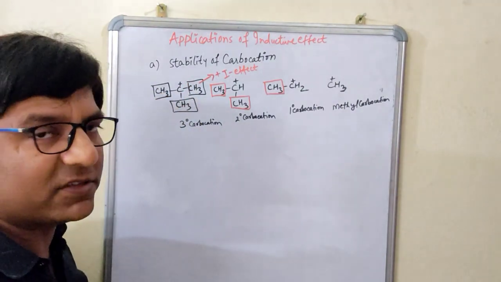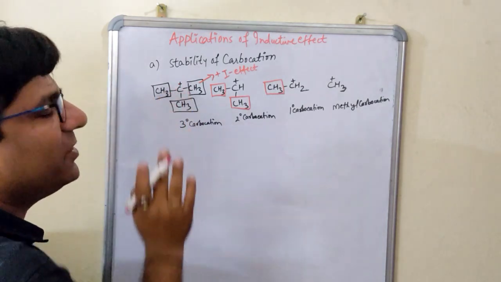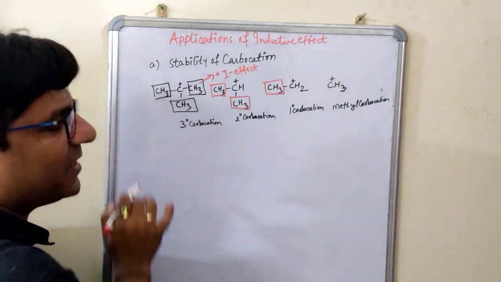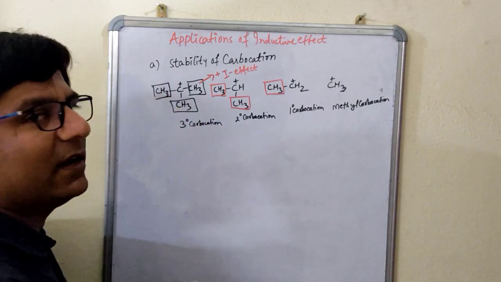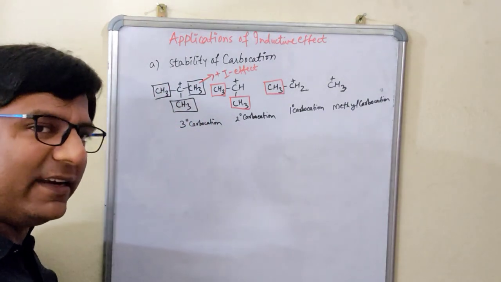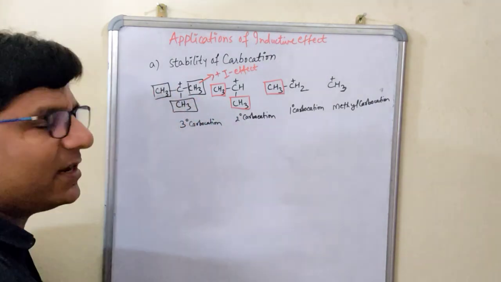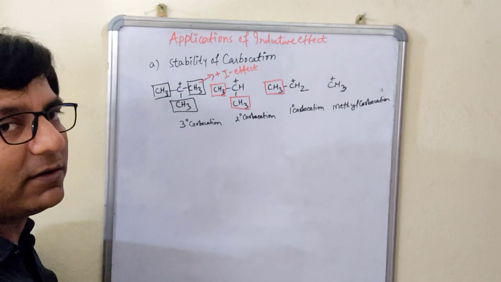It should not carry any positive charge, it should not carry any negative charge, right? It wants to be neutral. Now it is electron deficient, as this positive charge is there, so you can easily understand that this carbon is electron deficient in nature, means it needs electrons to neutralize this positive charge. It needs the electron.